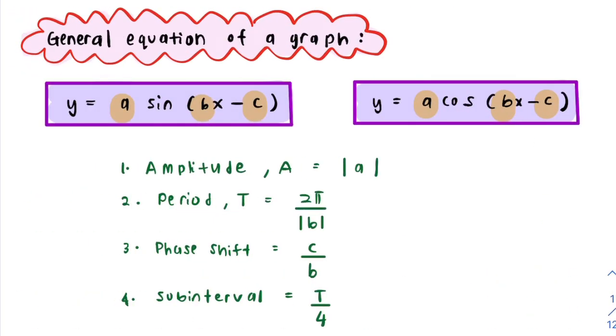Now let's see the next one, which is period. In the basic graph, the period is 1 cycle. So how about the general equation of the graph? The period, with symbol T, is equal to 2 pi over modulus b. Where does b come from? This is your b, the coefficient of your x.